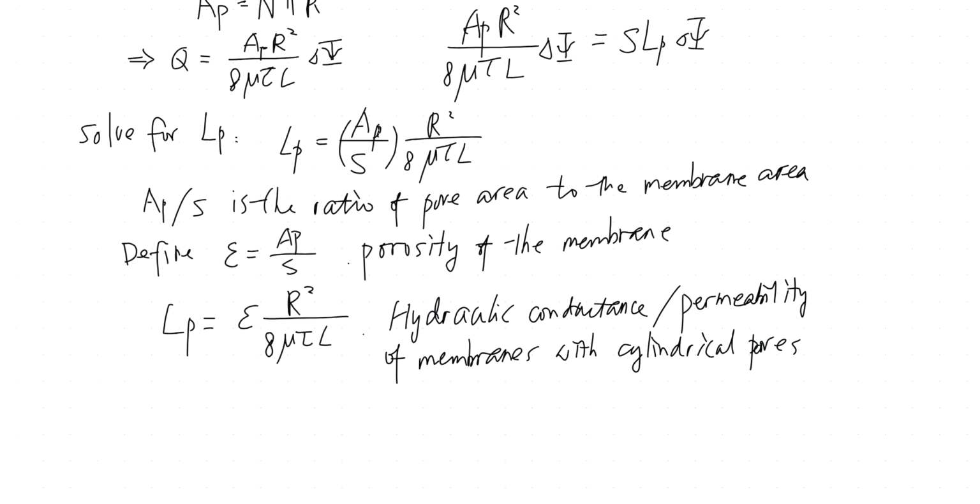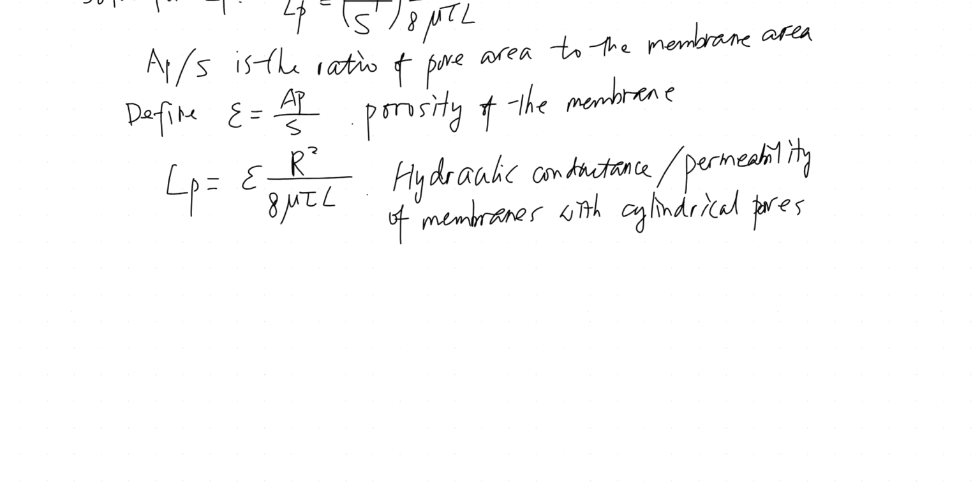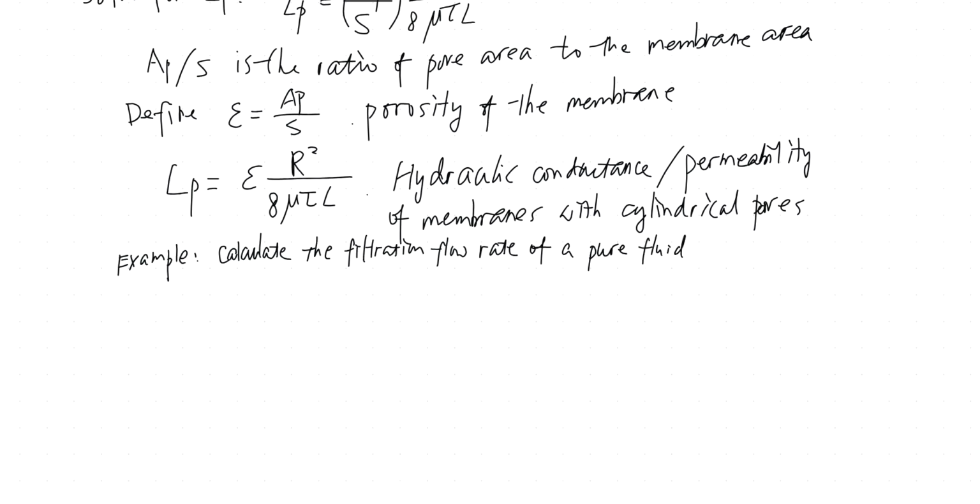Now let's look at an example. Let's calculate the filtration flow rate of a pure fluid across a 100 centimeters squared membrane.